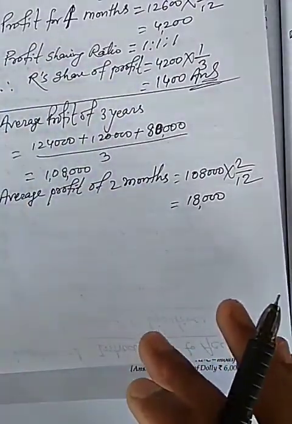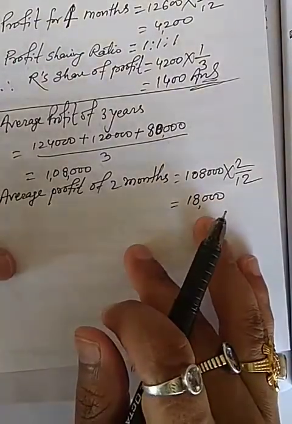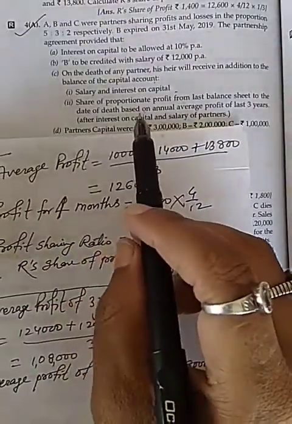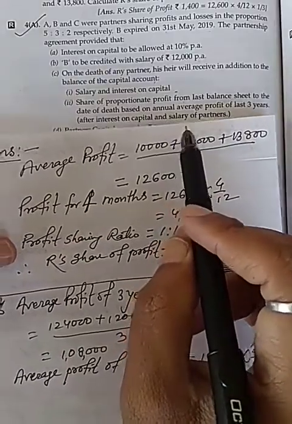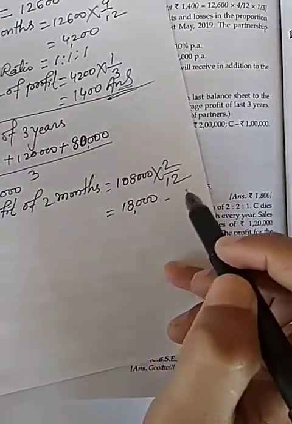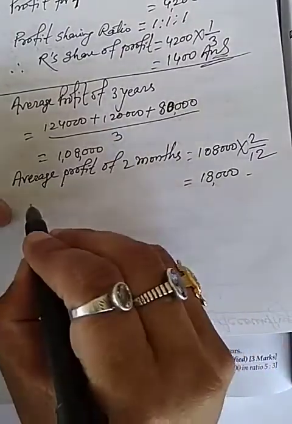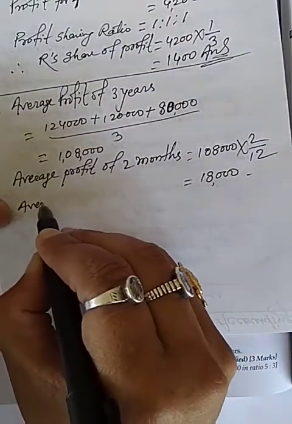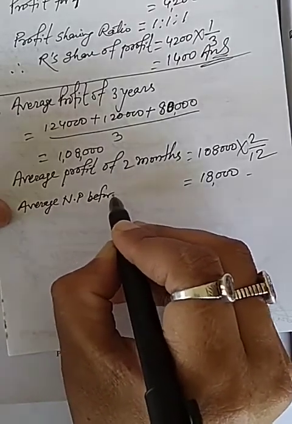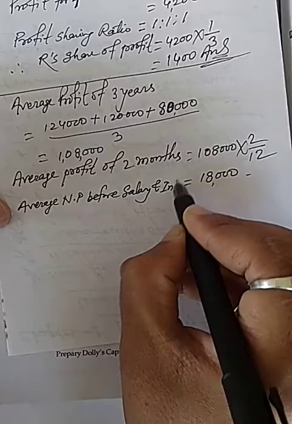Now next, average net profit of 2 months before interest and salary will be 18,000. This will be known as average net profit before salary and interest.